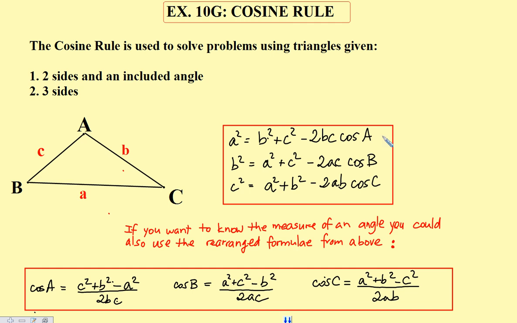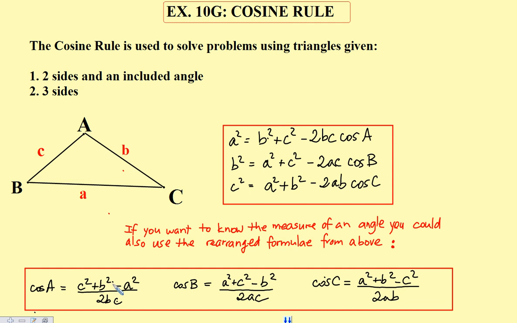The alternative is to use the rearranged formulas that are also given to you in the IB. These are just rearrangements of the formulas above, so that we isolate for cos of A, cos of B, and cos of C.